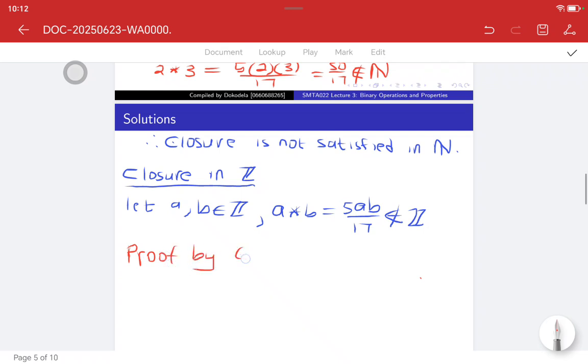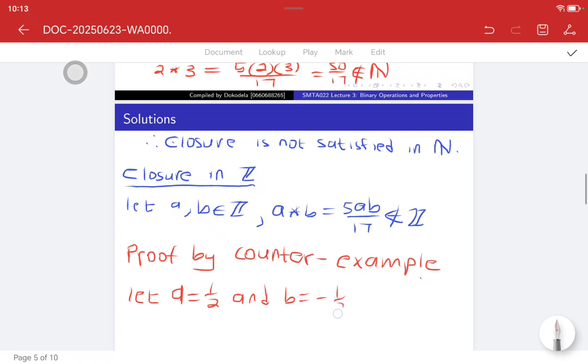So we let two elements: A be equal to 1 over 2 and B equal to minus 1 over 2.